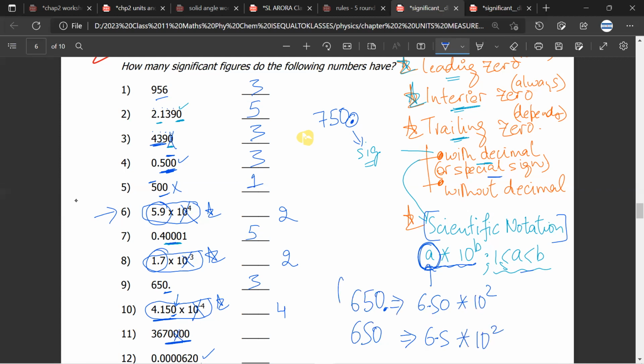Do you see the difference or not? The difference is that this implies that this 0 is significant. And when I'm writing this in scientific notation, I'll have to carry this significant digit here also. So 6.50 means that the number of significant digits on the left hand side is 3. So the number of significant digits on the right hand side in the scientific notation would also be 3.